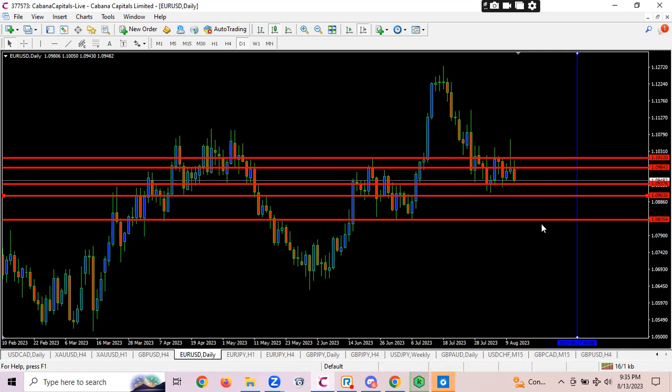So it's either the support is broken or resistance is broken. If resistance is broken, we want to buy. And if support is broken, we should expect more bearish move on Euro USD. But my bias on Euro USD is bullish this week. So I'm more interested in buy setups than sell setups. Okay, so that's my take on Euro USD.